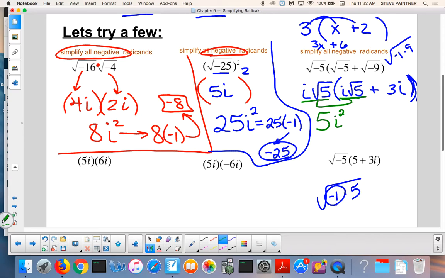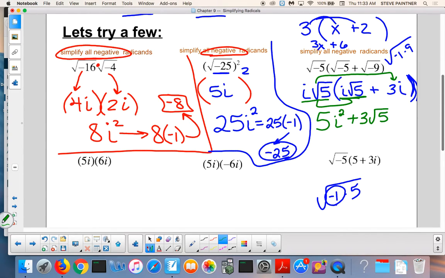Are you lost? Or are you okay? Good. Next, this one times this one. You've got to look for things you can multiply. Can you multiply root 5 times 3? No. It's got to be root times root or real times real. So you can't do anything; that's just 3 root 5.